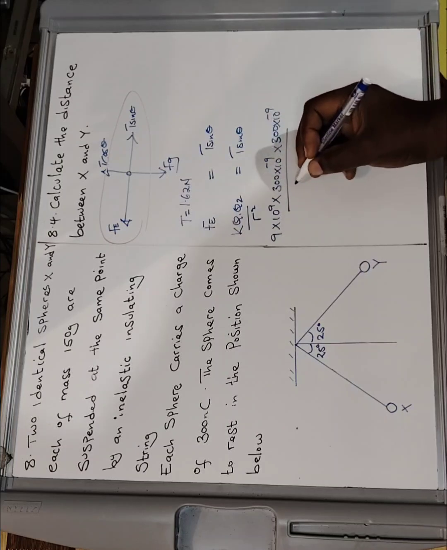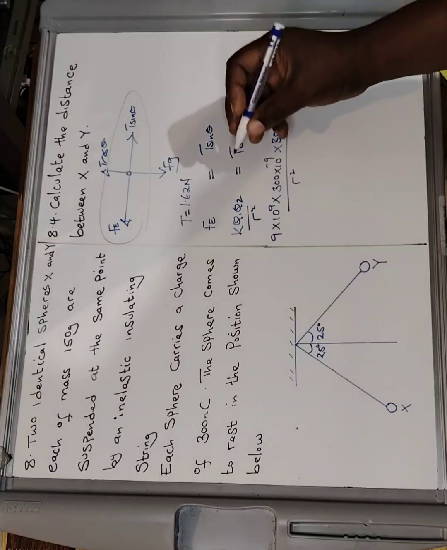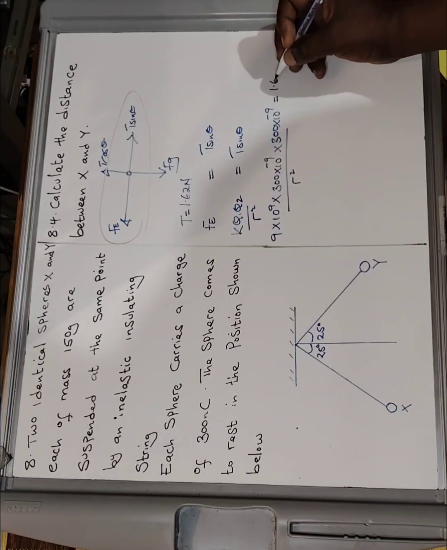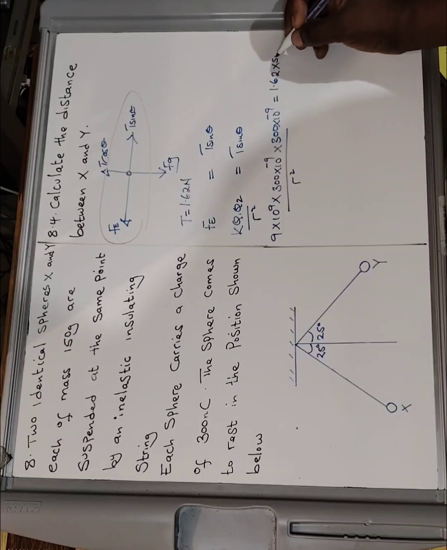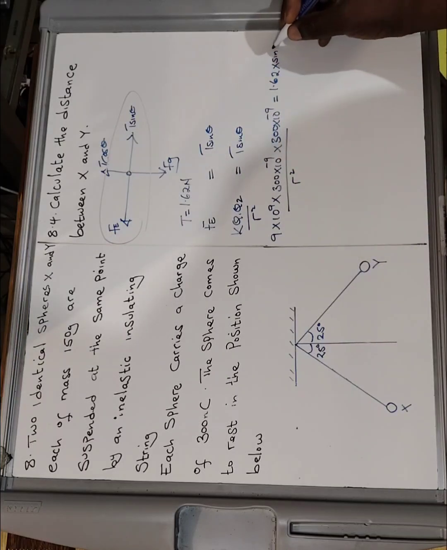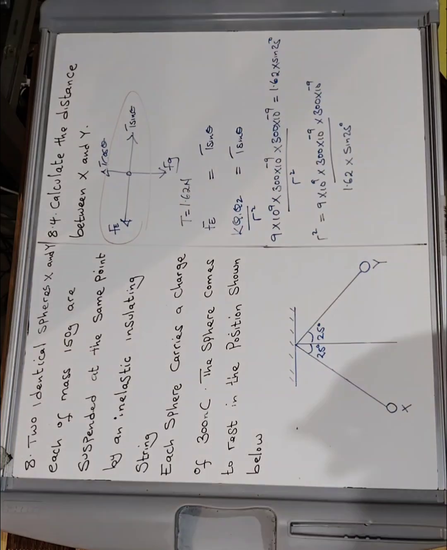Okay, and we are looking for the distance between them. But we have to know that this is equal to T, which is 1.62, times sine 25 degrees. When you look at this equation, we are finding r as the only unknown. So let's rearrange to find r.